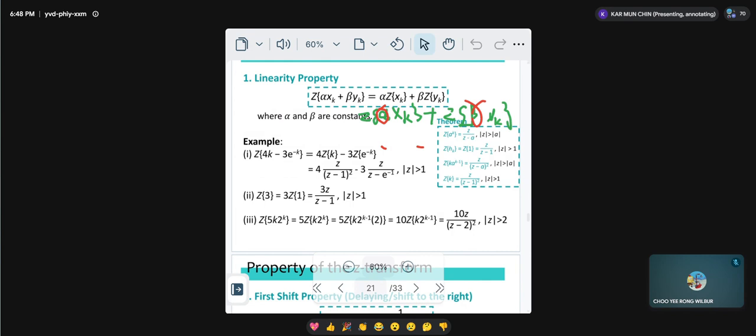Then for here, your region will be Z more than 1. Why Z more than 1? Because you have two terms, this and this. For this part, the condition is Z more than 1. For the other part, a is a certain number that is more than 1. So the minimum number of Z will be 1, so it will be Z more than 1.